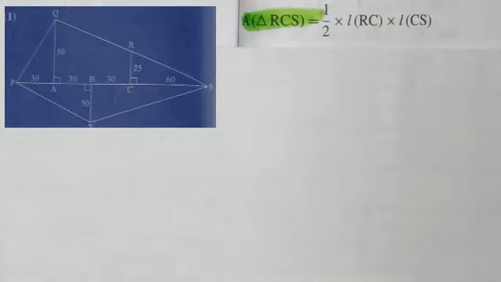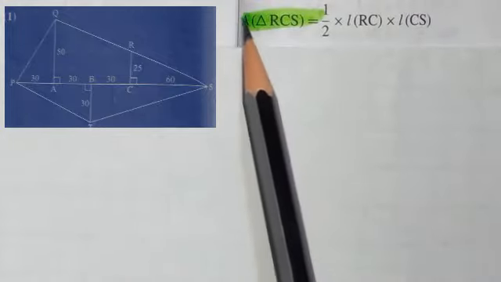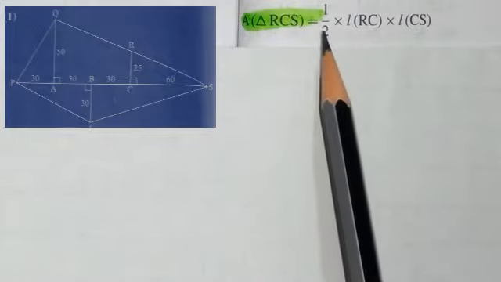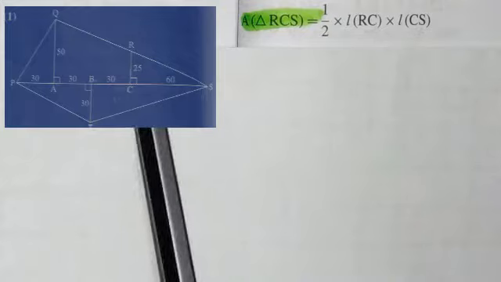Now students, just concentrate on this corner or this triangle of the plot to find out its area. As this is a right angle triangle, we can use the formula to find out the area of triangle RCS. So the area of triangle RCS is equal to 1 upon 2 into base into height.